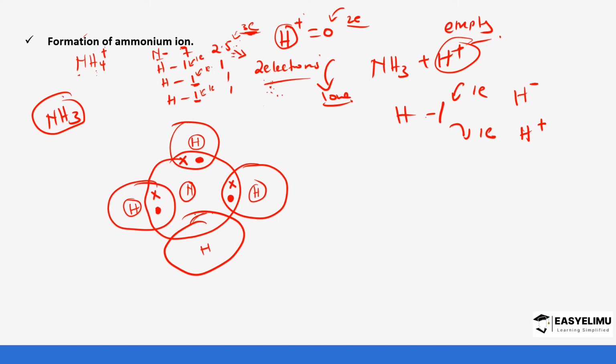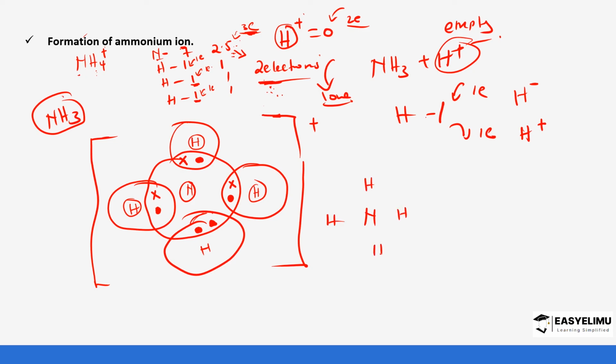So what happens? The nitrogen decides to share those 2 extra electrons it had. Remember it was a positively charged hydrogen, so when it comes in to be shared by nitrogen, it causes the whole molecule to be positively charged. When we present that with lines, we draw nitrogen surrounded by hydrogens.